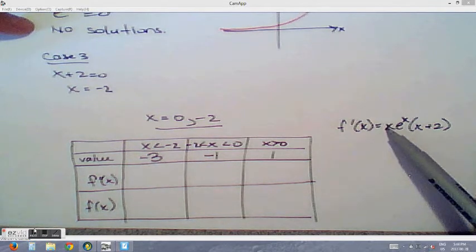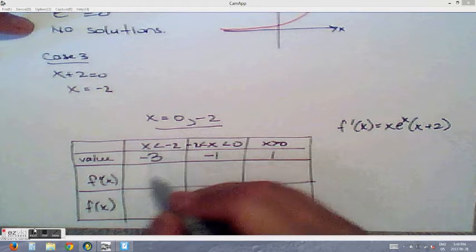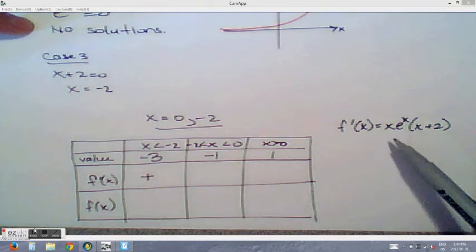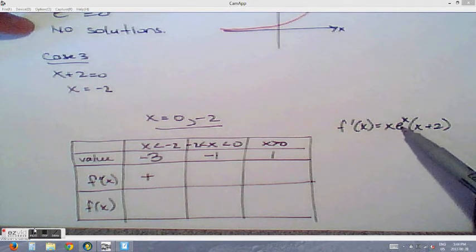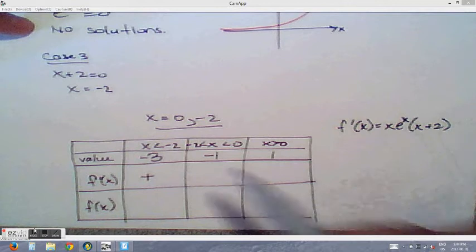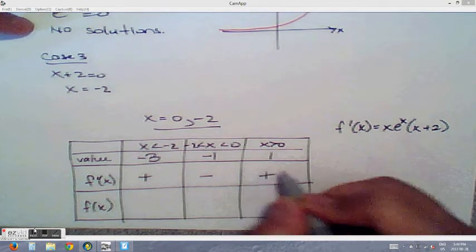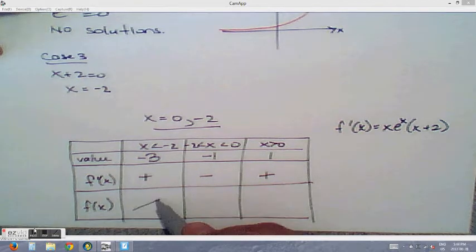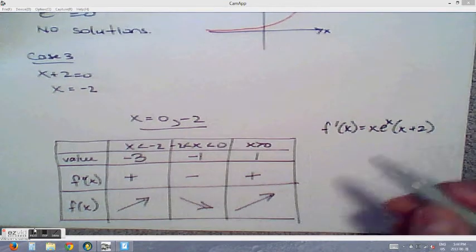We have a negative and a negative, and two negatives multiplied together will be a positive. So a negative times a positive is negative, and that's positive, so it'll be positive. So we have increasing, decreasing, and then increasing.